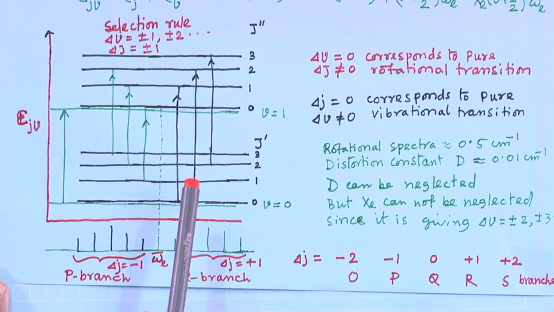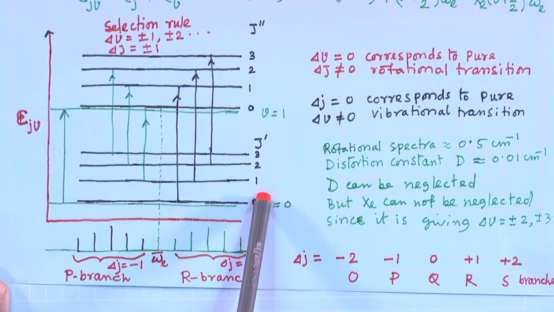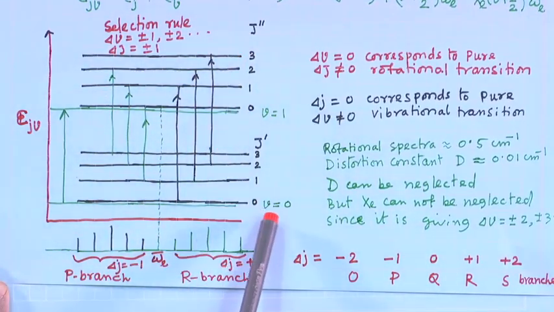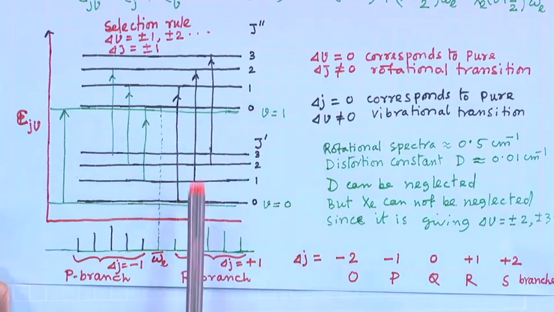Now, if I consider the transition from this vibrational energy level to this one, from v equal to 0 to v equal to 1, this transition rule permits it.